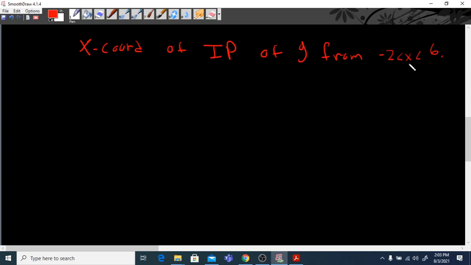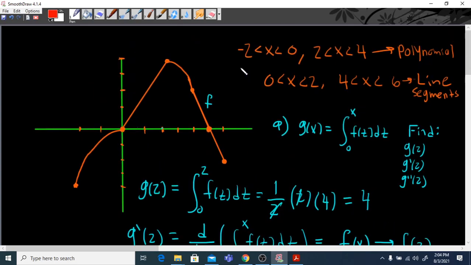Okay, and there's non-equality here. It means we don't have to consider endpoints. So endpoints not needed. So that's good. Okay, awesome.